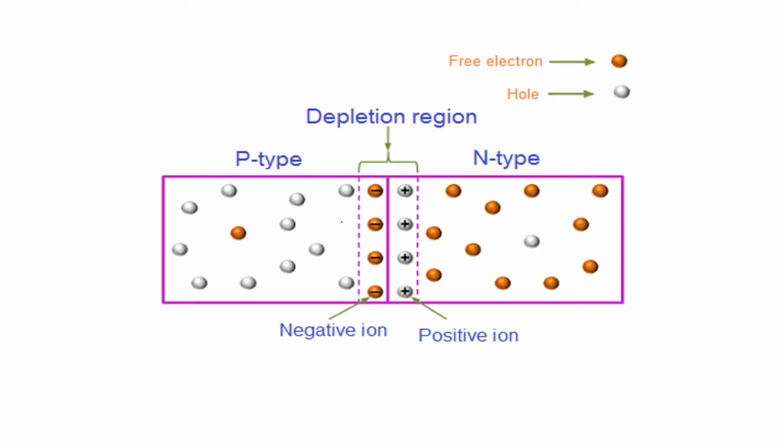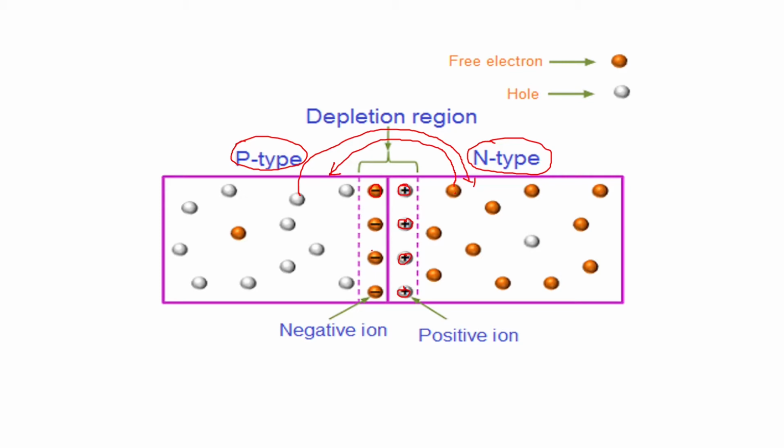Now, what is this formation of ions doing? We have the same image again. You have a p-type semiconductor joined to an n-type semiconductor, electrons here, holes here, and in between you can see the formation of ions, because the electrons from here were moving and have stopped moving now, and holes from here were moving and have stopped moving. That crossover has stopped, and these ions are formed here near the junction.